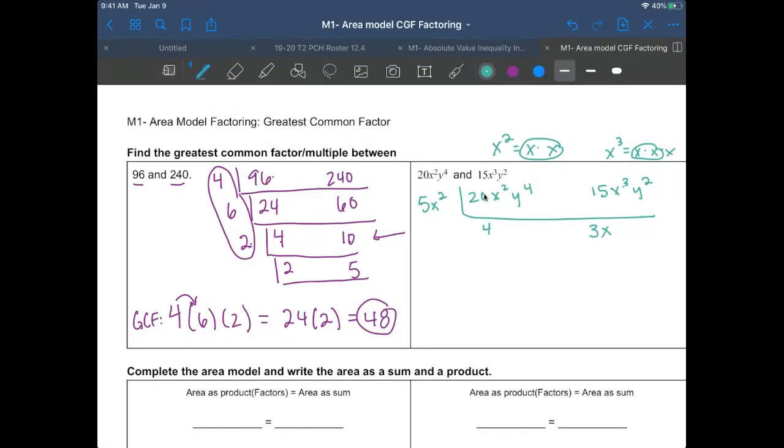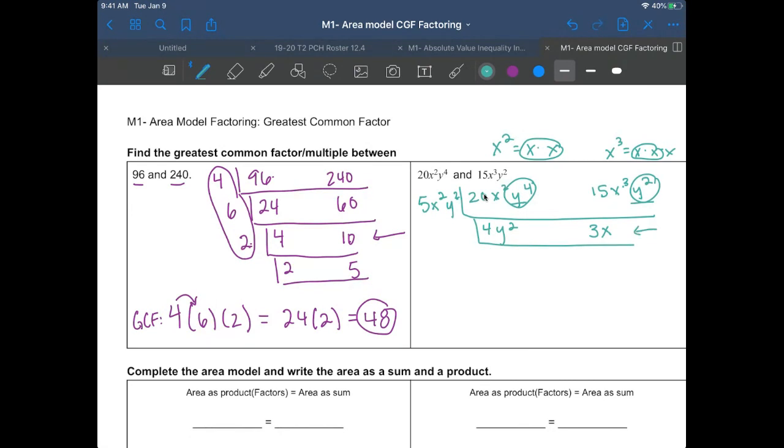The next part, how many y's are in common? I have 4 factors of y here and 2 factors of y here. So that's 2 in common. And then y squared times y squared would give me y to the fourth power. Is there anything else that I can divide out of these?